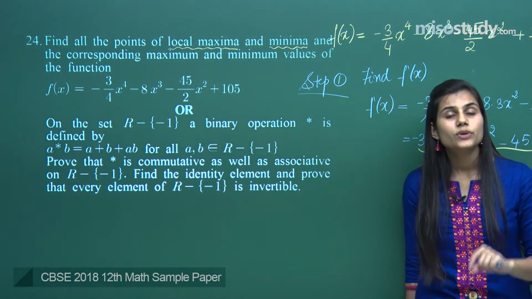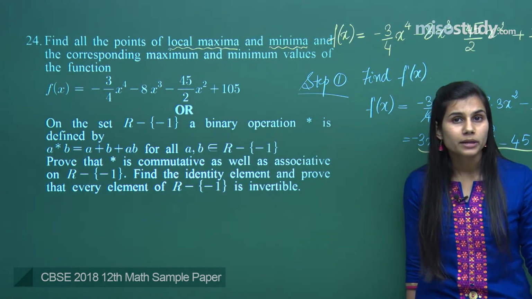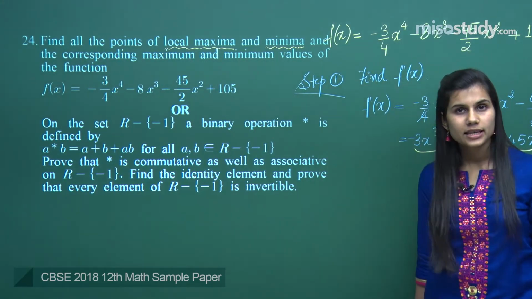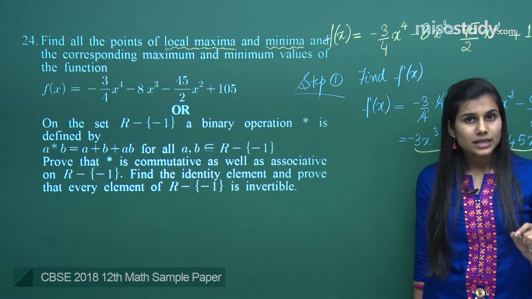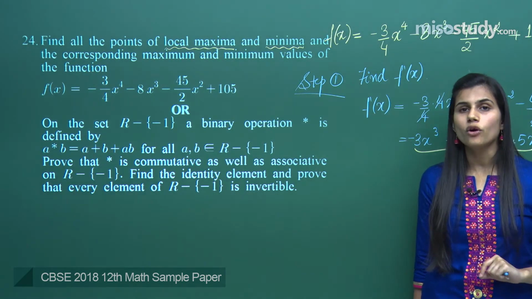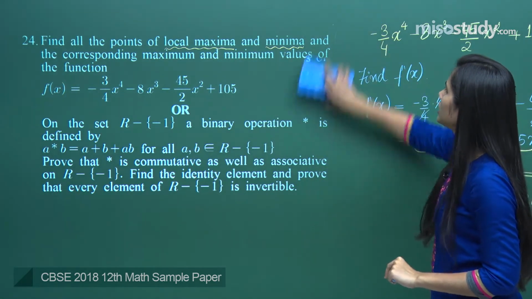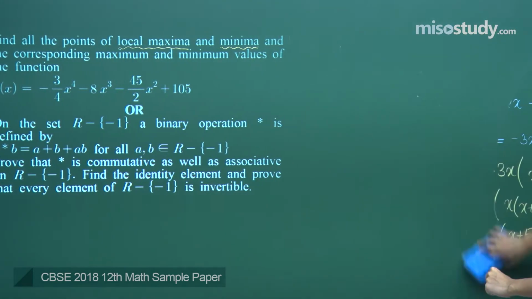After that, once we had decided that these are the points of local maxima, these are the points of local minima, we just plugged them in place of x and found out what was f's value at these points. That was nothing but basically the local maximum or the local minimum value of the function f. And that completes my discussion about this particular question.